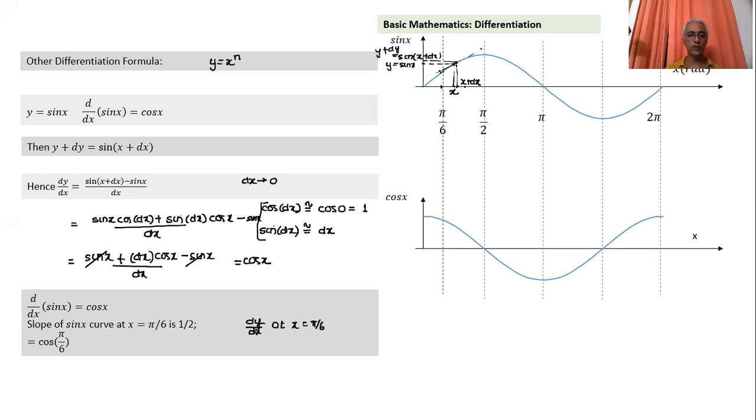It will be equal to cos x, which is cos of pi by 6, that is cos of 30 degree, equal to root 3 by 2. So if we draw a tangent to the sine function at x equal to pi by 6, the slope of the tangent will be root 3 by 2, roughly 0.87, that is 1.73 by 2. That's what this expression means.